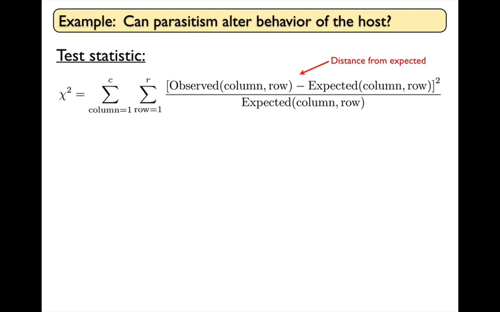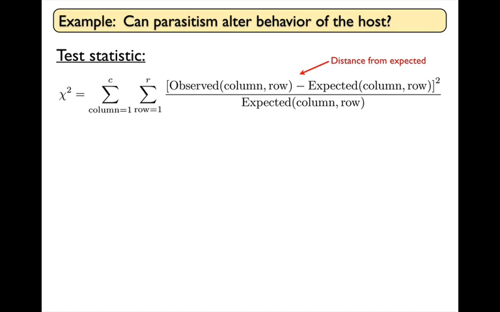How far is your data from what you would expect under the null? If that is large enough, then your data is evidence that it did not come from the null hypothesis. The hypothesis is false. That's the idea, if that number is big. But remember, what does big mean?